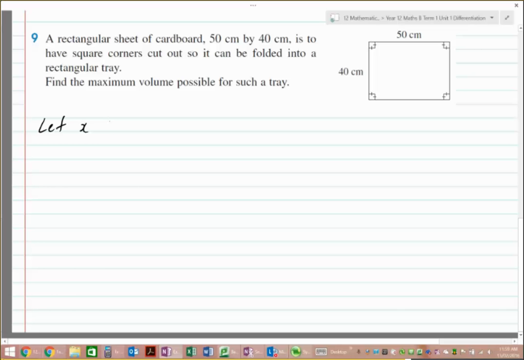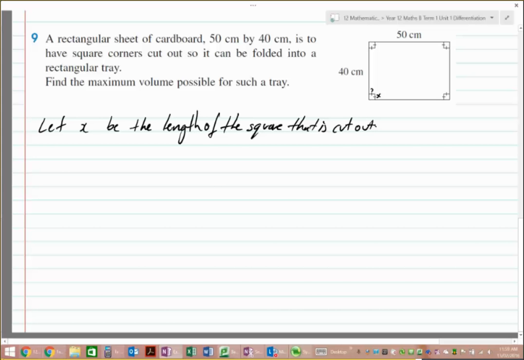Okay, I'm going to let X be the dimensions of the length of the square that is cut out.